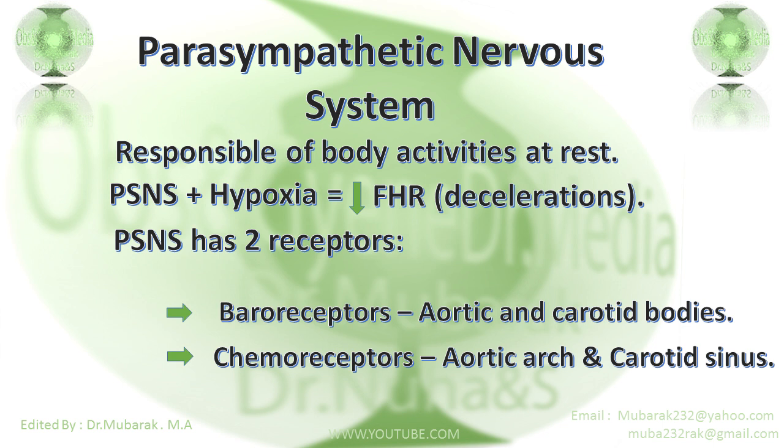Such baroreceptor-mediated decelerations will be seen on the CTG trace as variable decelerations secondary to umbilical cord compression. As these are generally short-lasting episodes related to uterine contractions, the fetal heart returns to the baseline quickly, and they do not expose the fetus to any hypoxic injury.